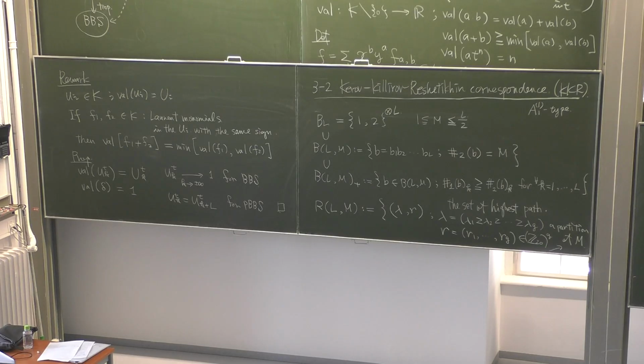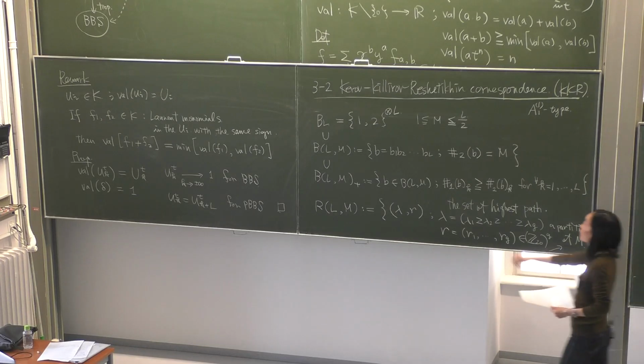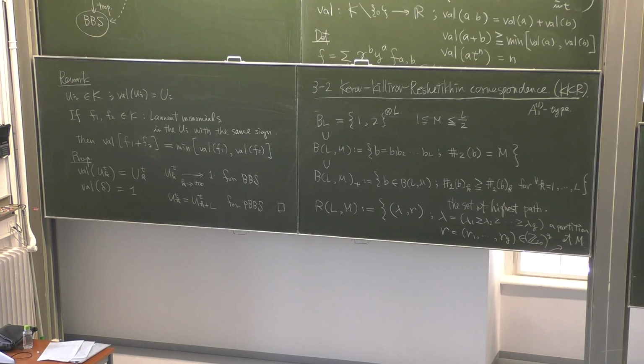And each R_i is required to be between 0 and P_i. And P_i is, I'm sorry, it is very complicated: L minus 2 times the summation of the minimum of lambda_i and lambda_k, where i is fixed and k is from 1 to G. Then, please recall that we assume this condition, so it is not negative.